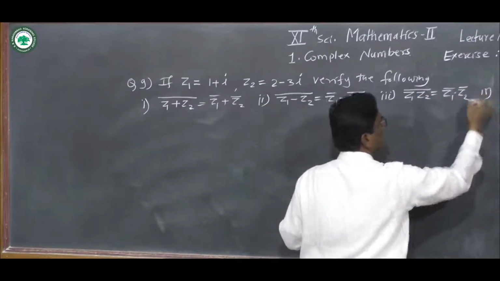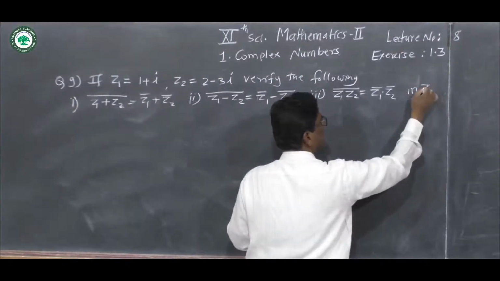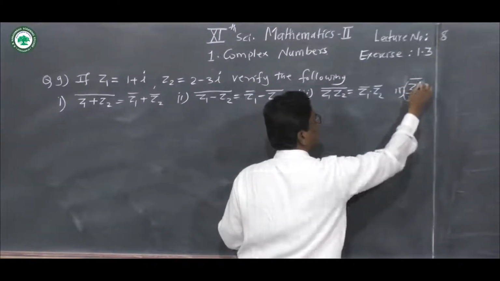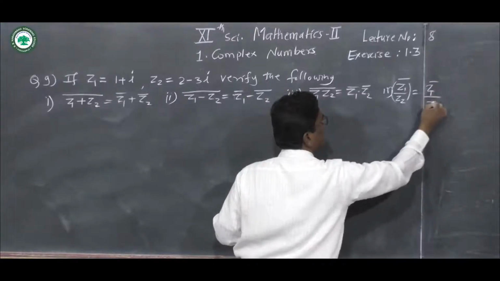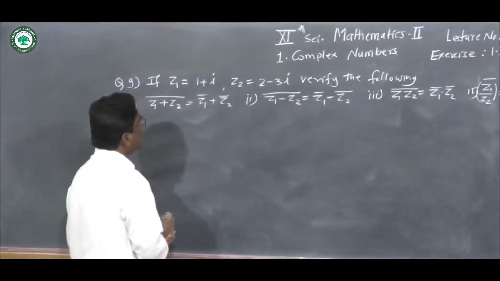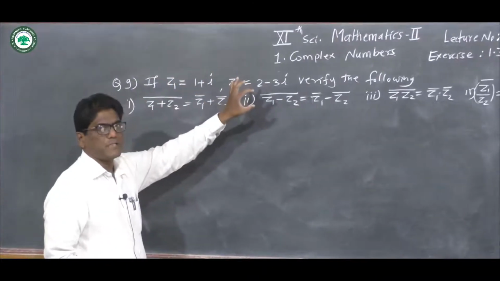And fourth one, bar of (z1 upon z2) is equal to z1 bar divided by z2 bar. We have to show this. So now we have given z1 is equal to 1 plus i and z2 is equal to 2 minus 3i.